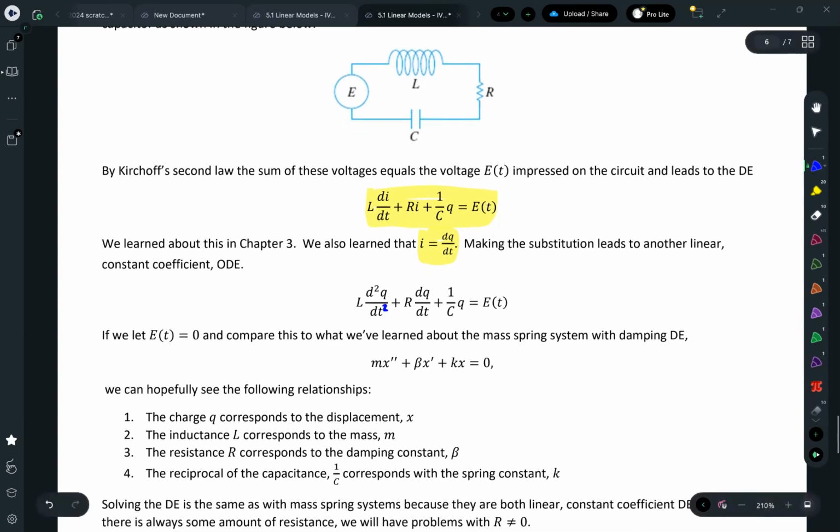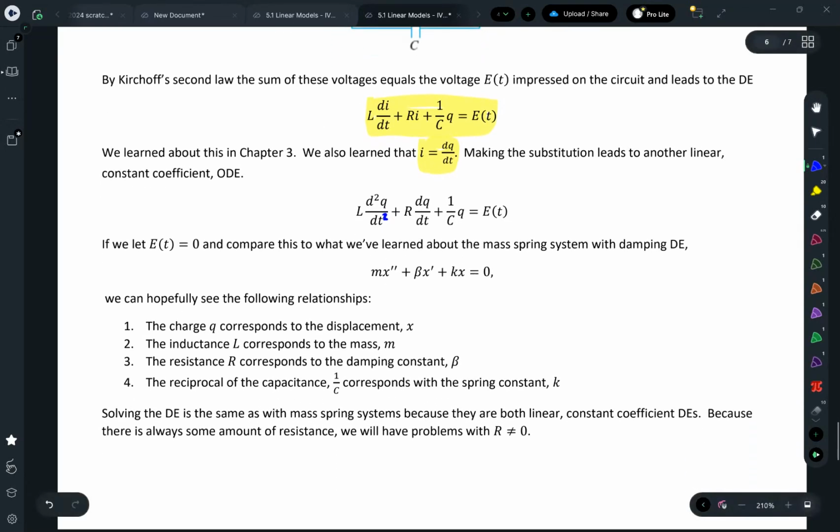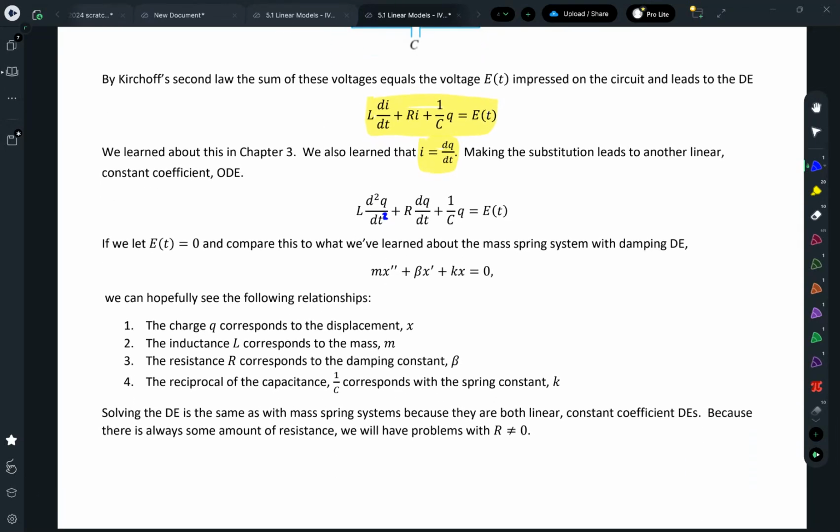Now, if we let E(t) be equal to 0, the voltage is equal to 0, and we compare this to what we've learned about the mass spring system with damping, that was mx double prime plus beta x prime plus kx equals 0, then we can see some relationships. So the charge q corresponds to the displacement in a mass spring system.